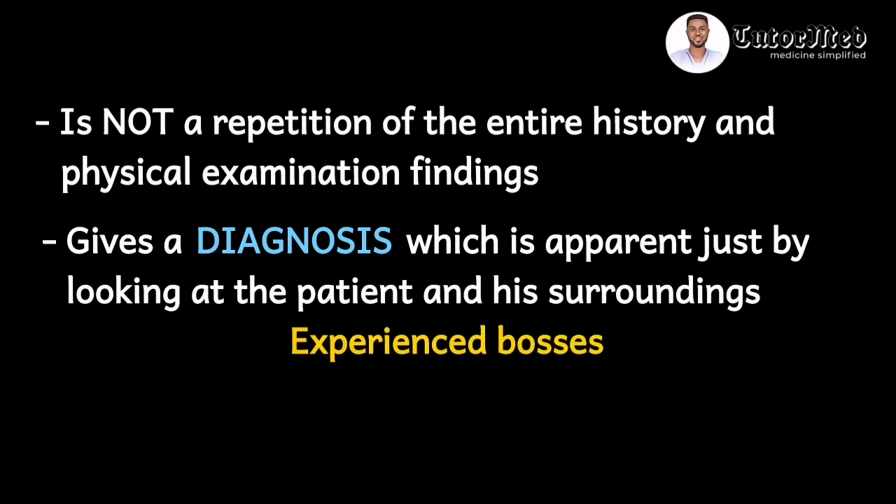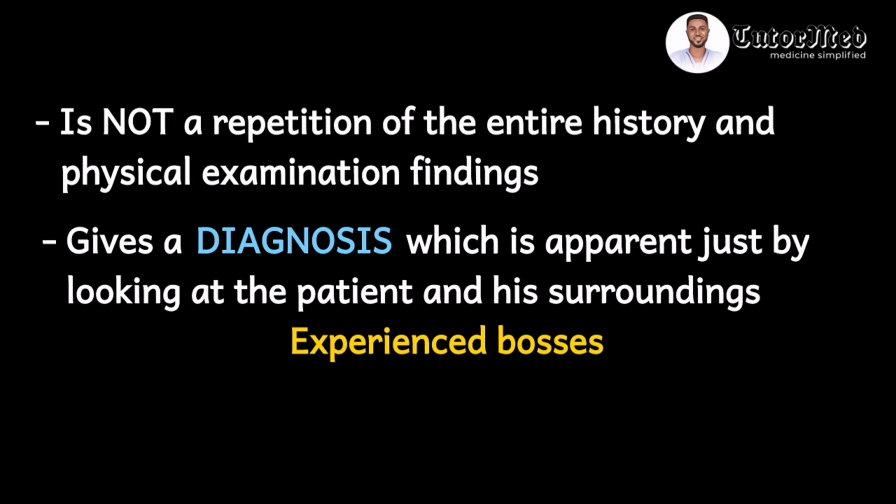Imagine giving a diagnosis of gastritis when our patient looks cachectic and is on supplemental oxygen. You would agree with me that we are setting the stage for war rounds, isn't it?